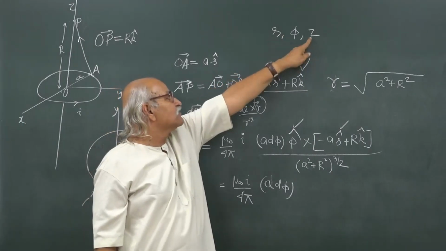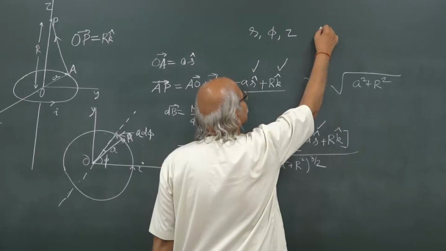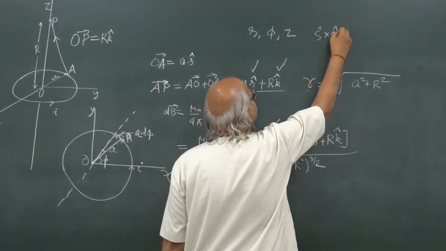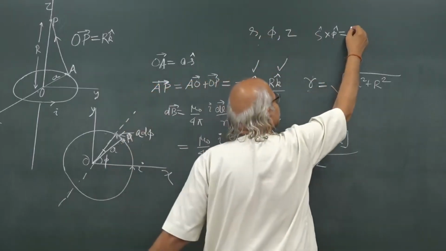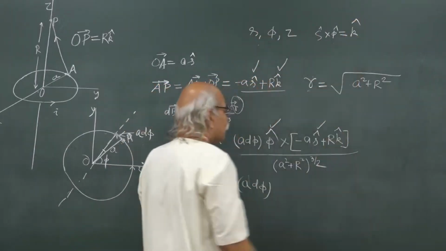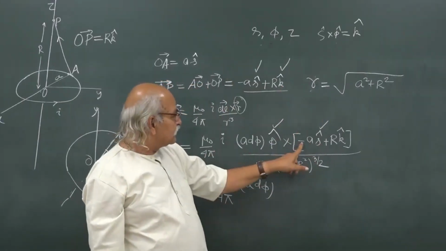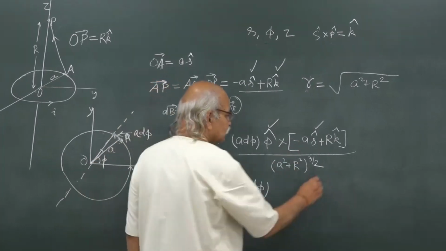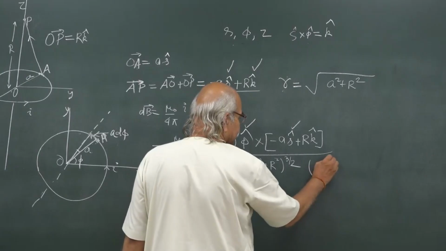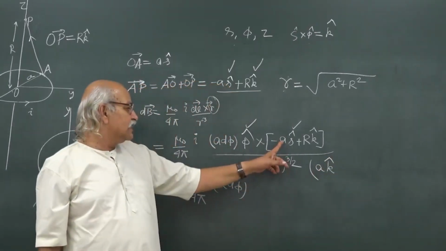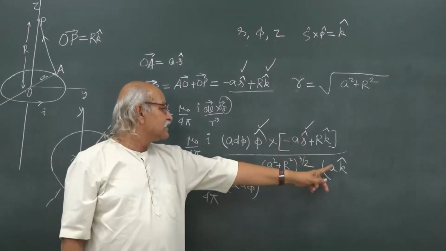This will be minus of z cap. S cap cross phi cap is equal to z cap, which is k cap, and therefore phi cap cross s cap will be minus k cap, and with another minus sign here, this will be A times k cap.